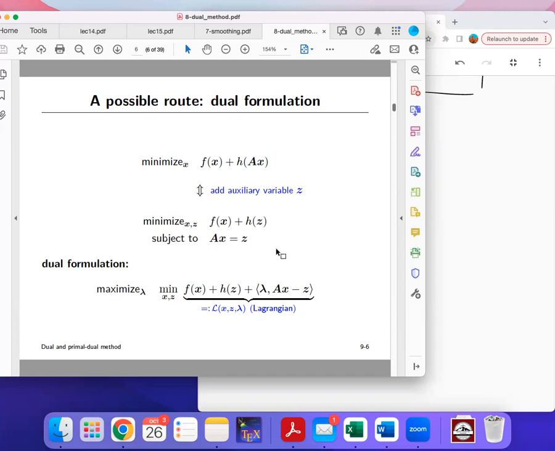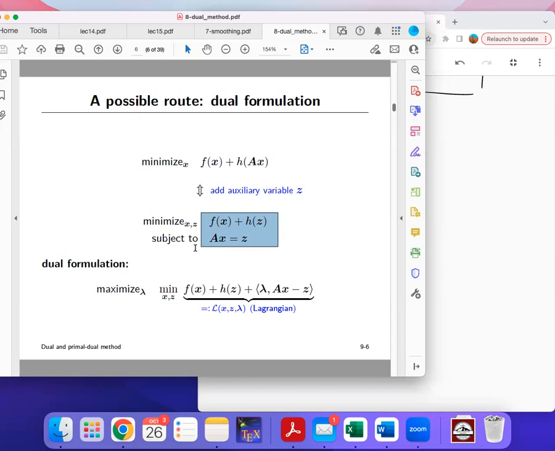So essentially, we are working on the original problem, and by introducing this auxiliary variable z, we decouple x and Ax in the objective function.